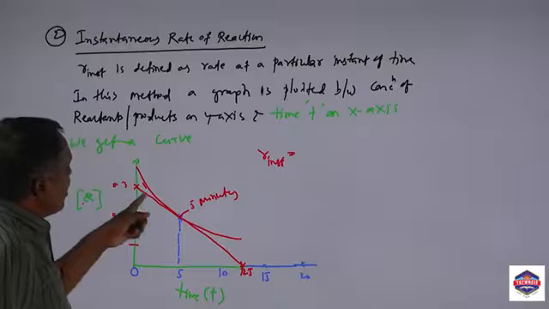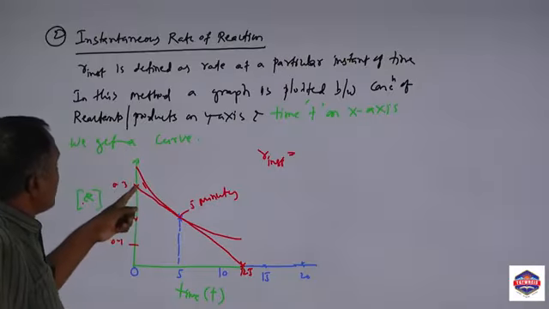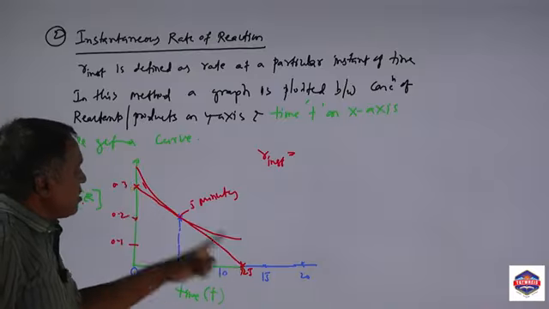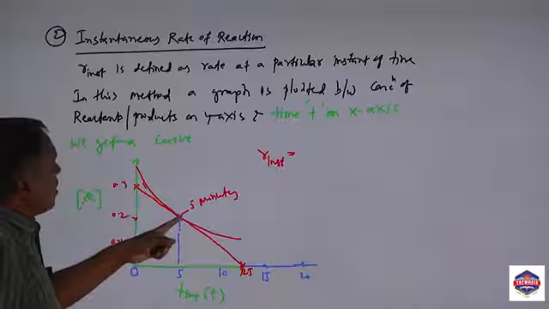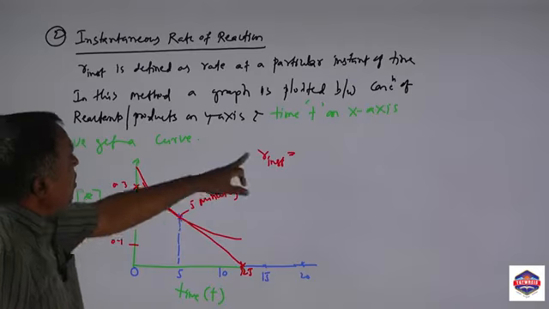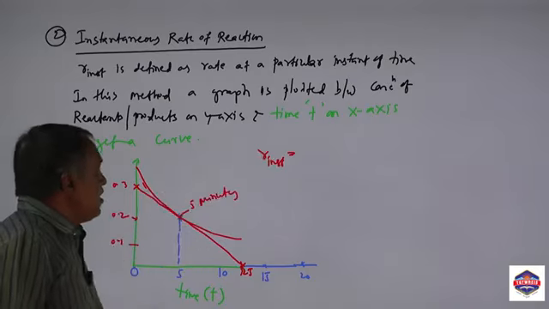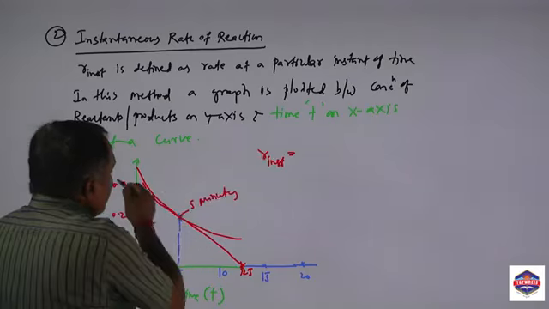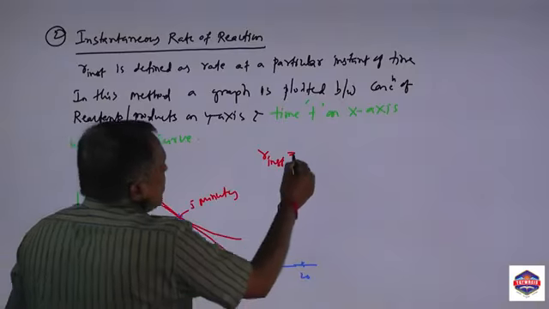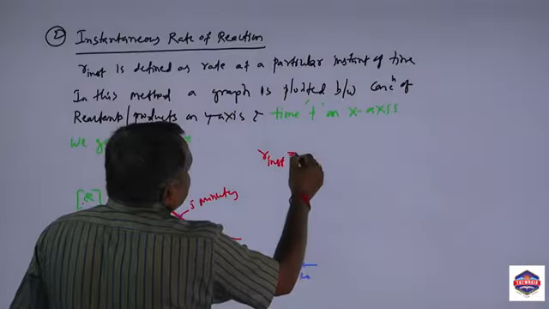A tangent line is drawn such that it touches the y-axis, the x-axis, and the curve at a point at which time is 5 minutes. Now, how can we calculate the instantaneous rate? For a tangent line, slope is equal to tan theta.